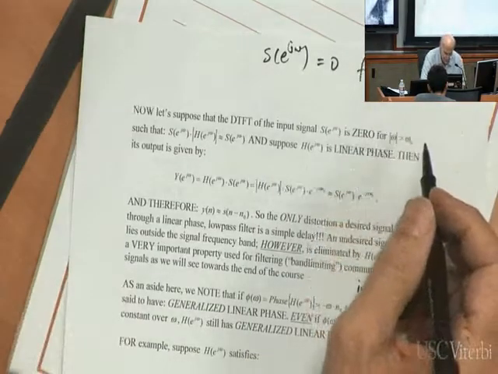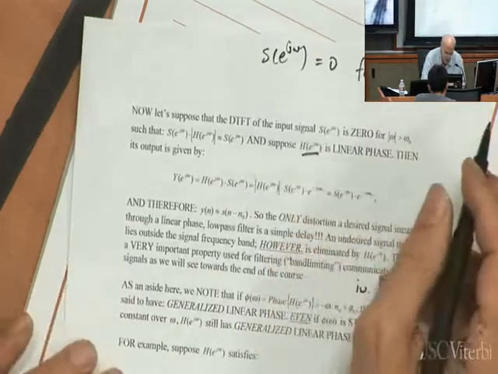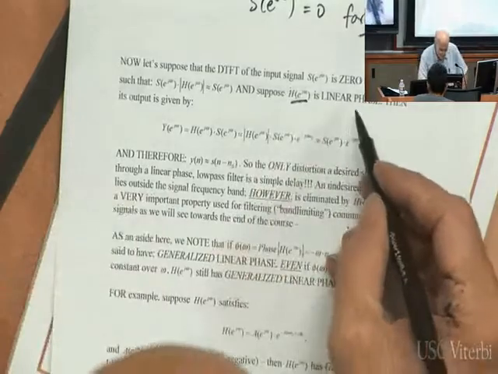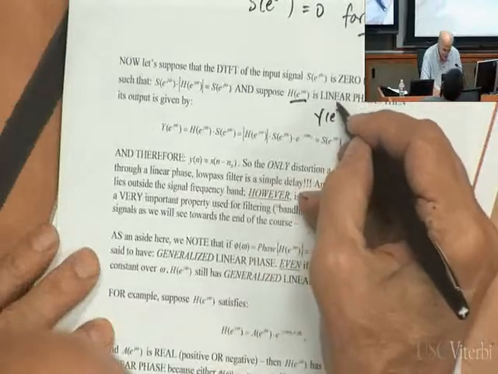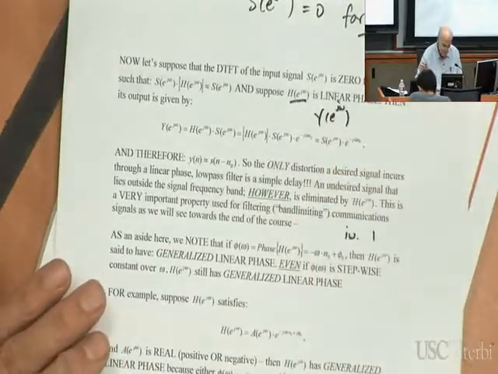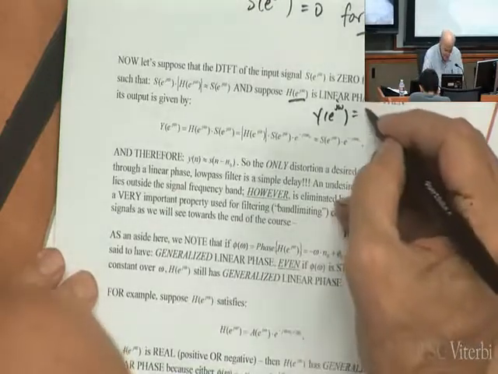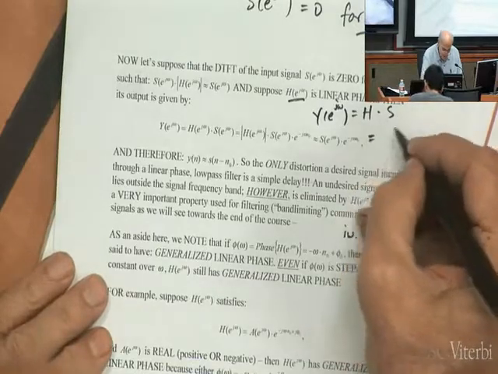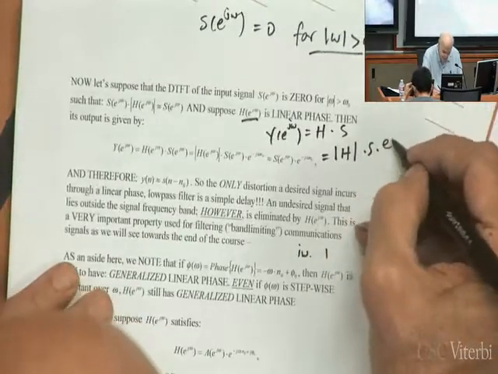Okay? So that's that. Now, let's suppose, furthermore, that H is linear phase. Then the output is given by, so we're going to look at Y of e to the j omega, and that is equal to H times S, which is going to equal the magnitude of H times S times e to the minus j omega n naught.